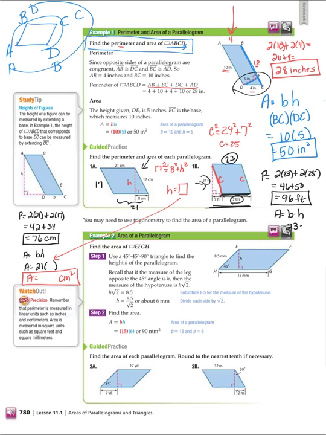My height is this perpendicular height. It's not the 25, it's the 24. So I'm going to multiply 23 times 24, and whatever I get is going to be an answer that is in square feet.